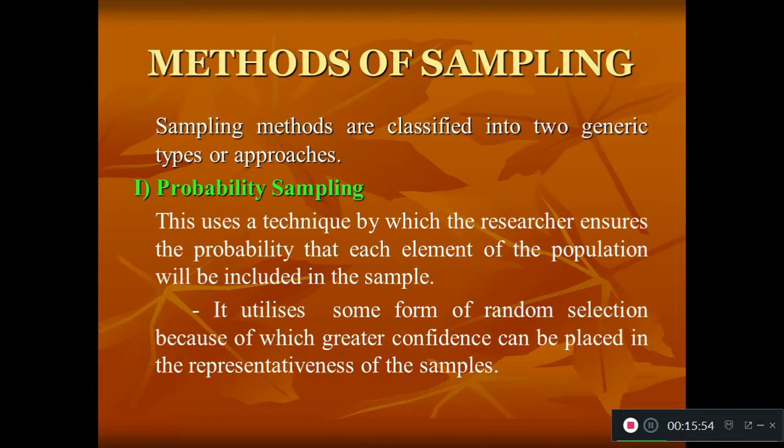So we are giving equal importance and equal chance to all the elements to get selected. It utilizes some form of random selection, because of which greater confidence can be placed in the representativeness of the sample. So the probability sampling method helps the researcher to get greater confidence in the representativeness of the sample.